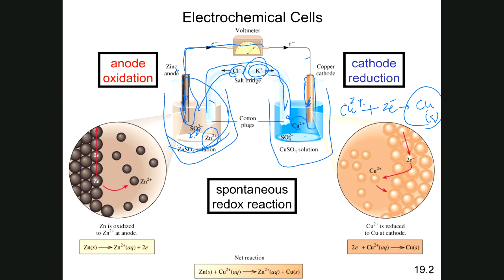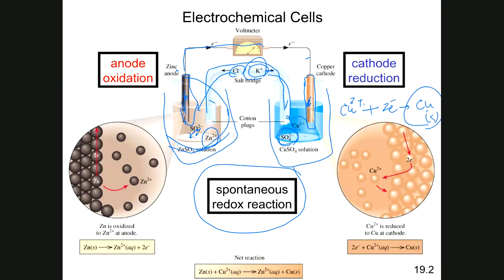Cation from the salt bridge is moving to the cathode to help maintain the positive charges. Otherwise, you would have too much SO4 2- left over and it wouldn't know what to do. You don't want your solutions to be charged or handle extra charge. So for a spontaneous reaction, the electron is moving from the anode to the cathode.